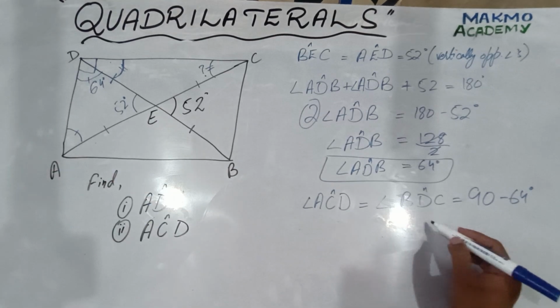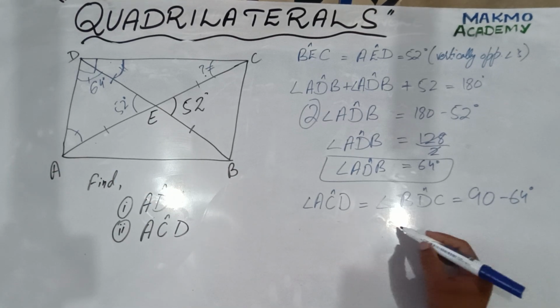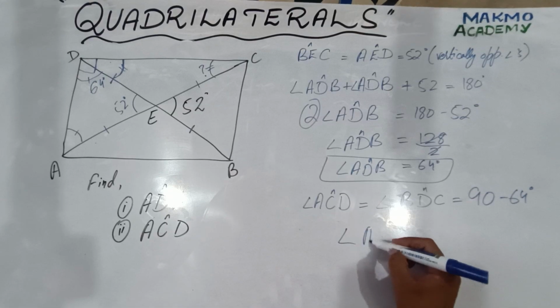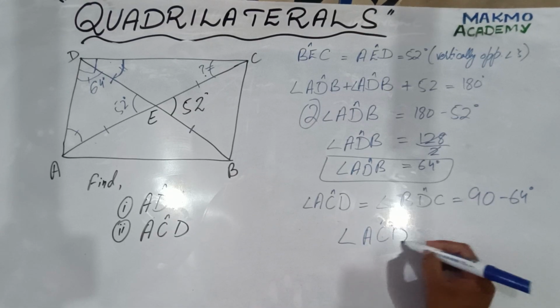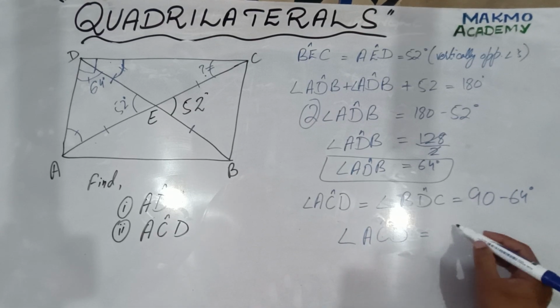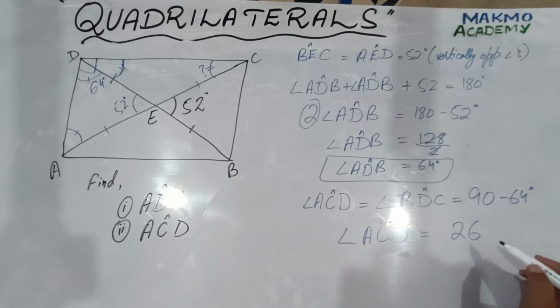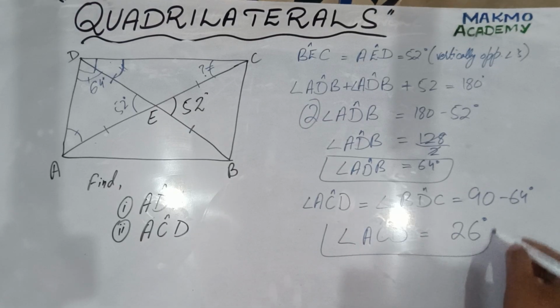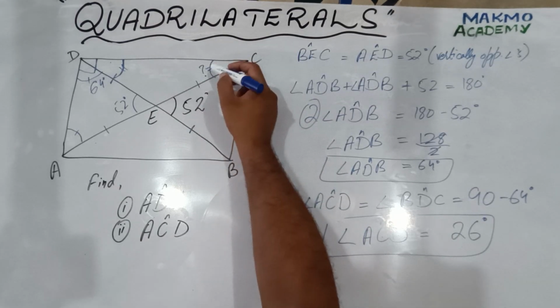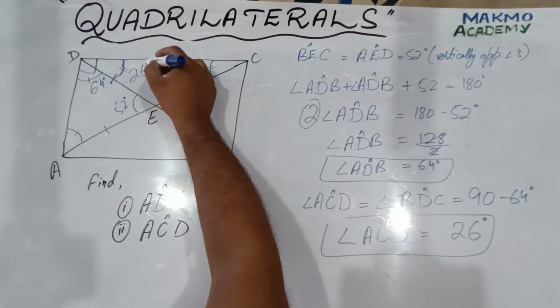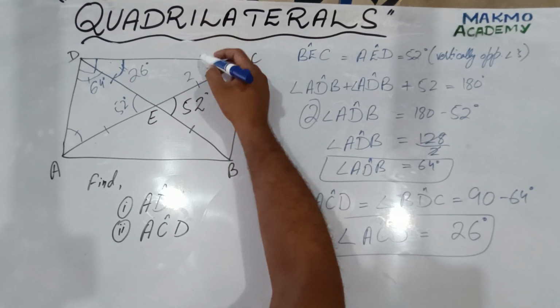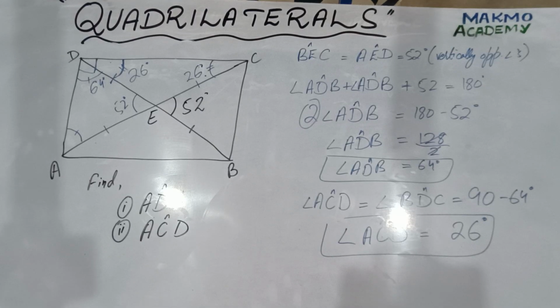So 90 minus 64 gives us 26. So the size of this angle is 26. Since the size of this angle is 26, the size of this angle would also be equal to 26 degrees, because they are both isosceles triangles.